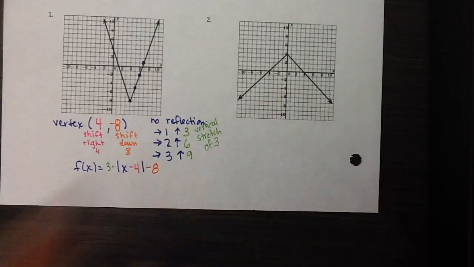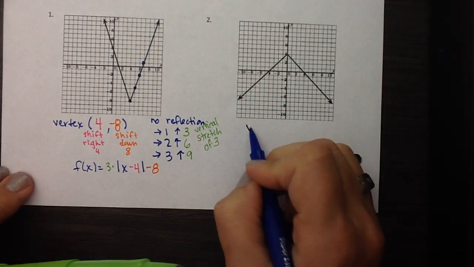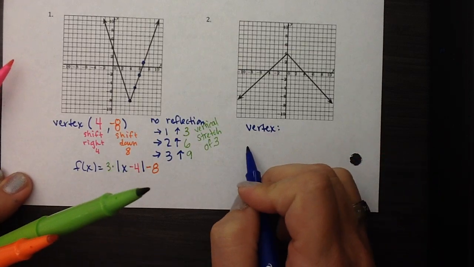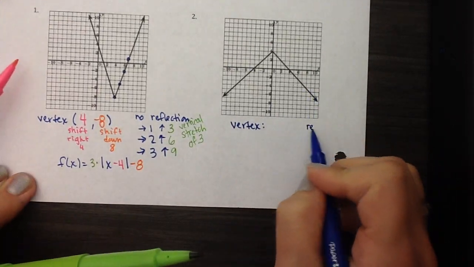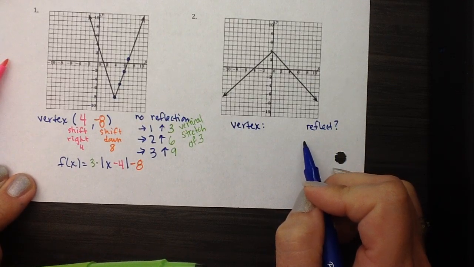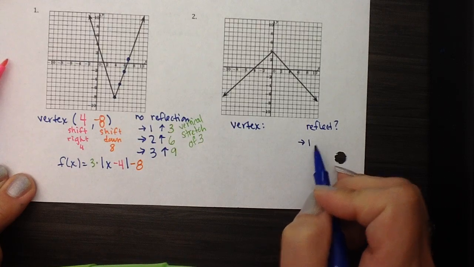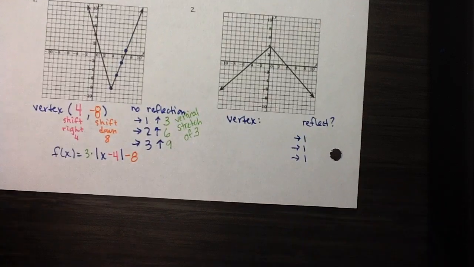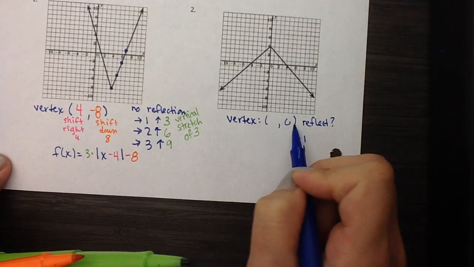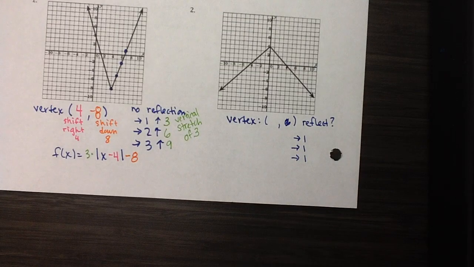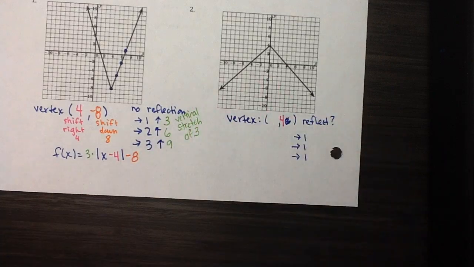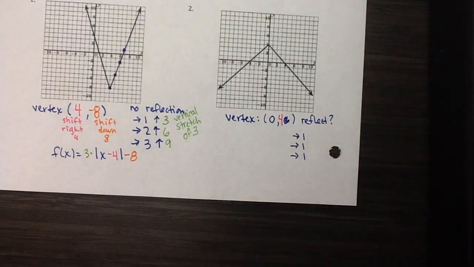Let's look at another example. Let's locate the vertex and see if there is a reflection and is there a stretch or compression by the pattern. So the vertex is located not at 0, 0. The vertex is located at 0, 4. Well, the x-coordinate is the same.